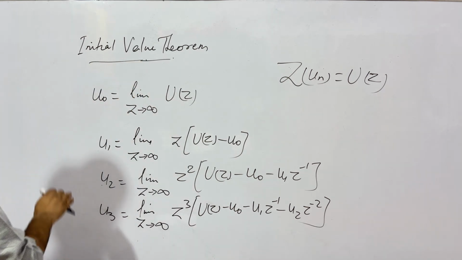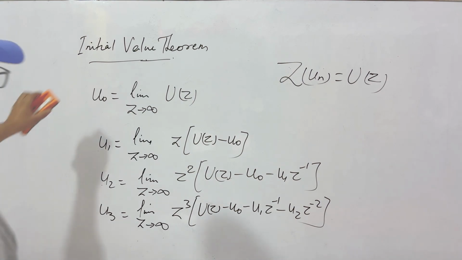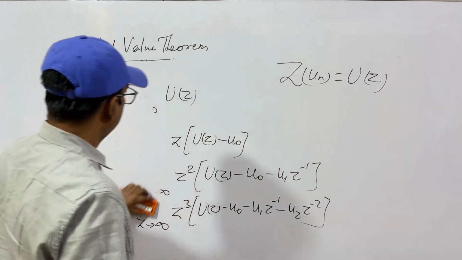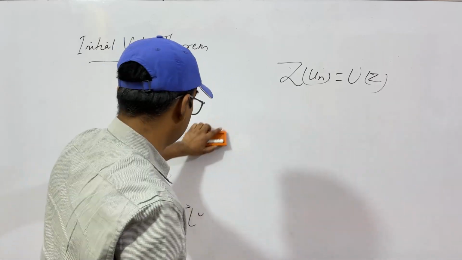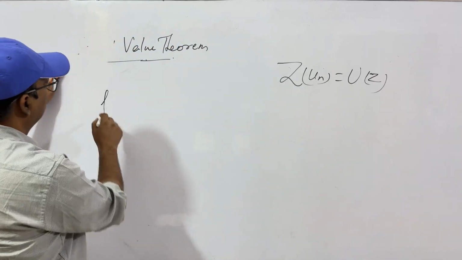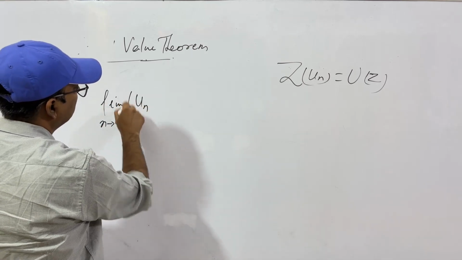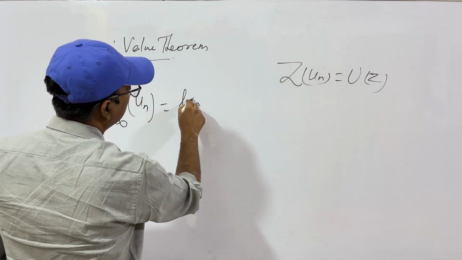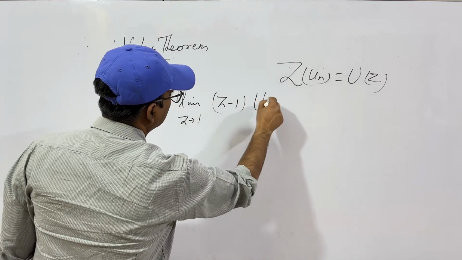Okay, and then we have final value theorem. What is it? The final value theorem is, if Z transform of u(n) is U(z), then limit n tending to infinity of u(n) is equal to limit z tending to 1 of (z minus 1) U(z).